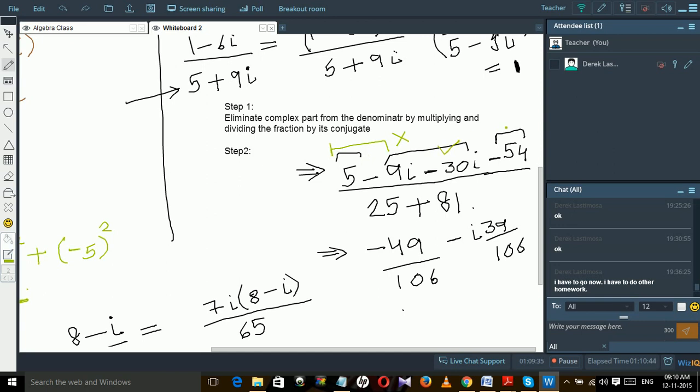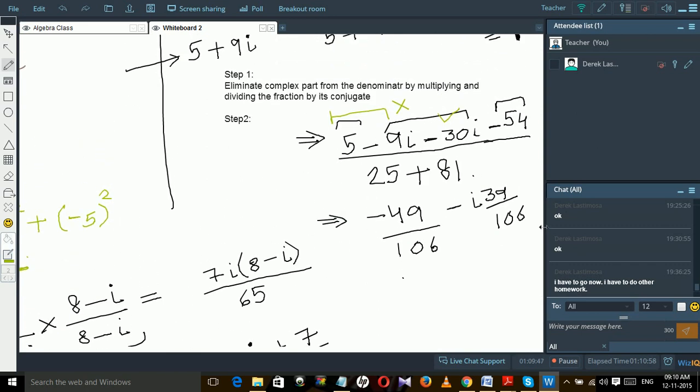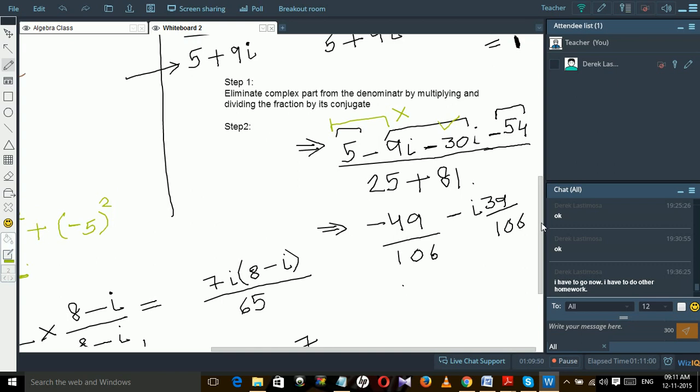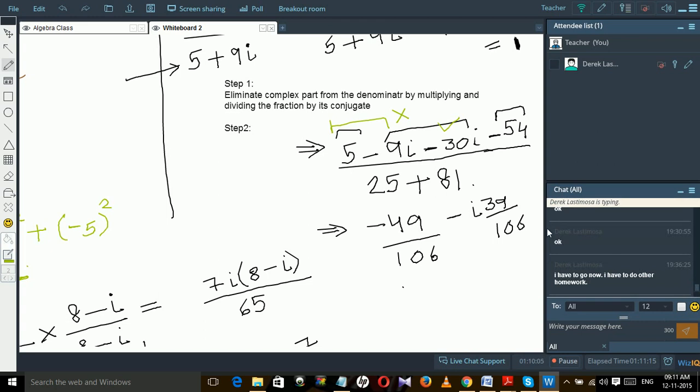We have added the iota terms and the real terms separately. You cannot add them together. If you are thinking of adding 5 and 9i, no, that is wrong. We add only real to real and imaginary to imaginary. Always remember.